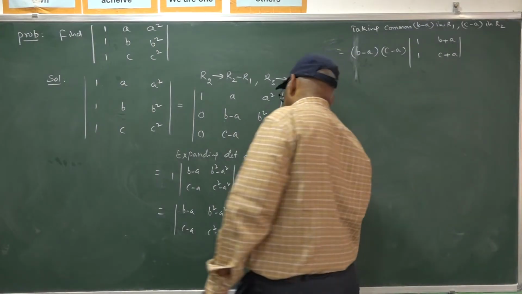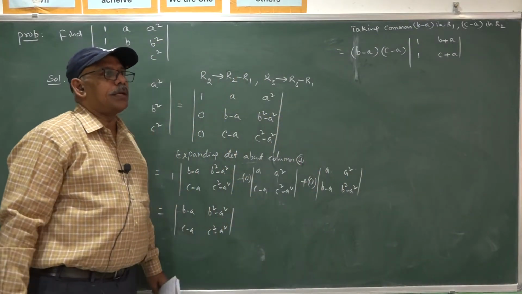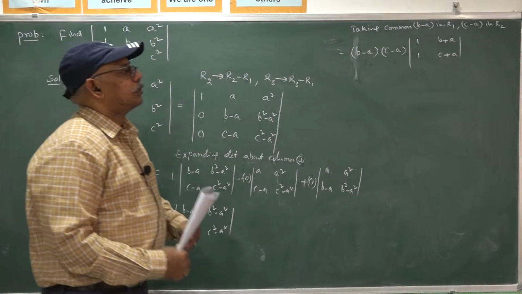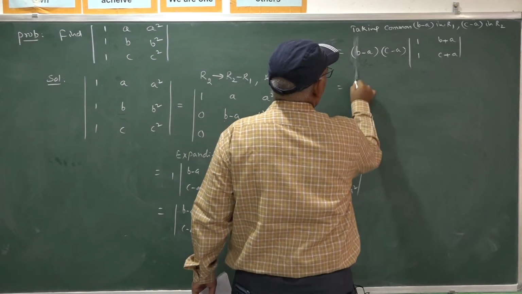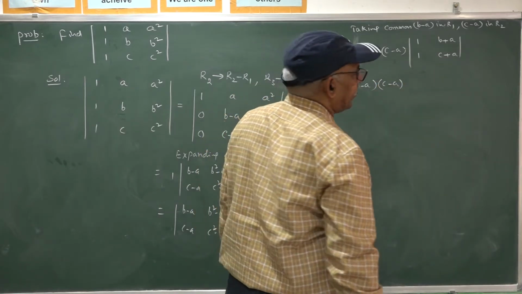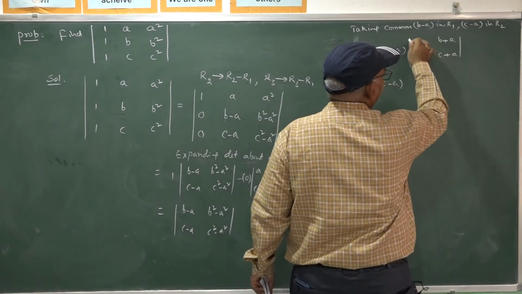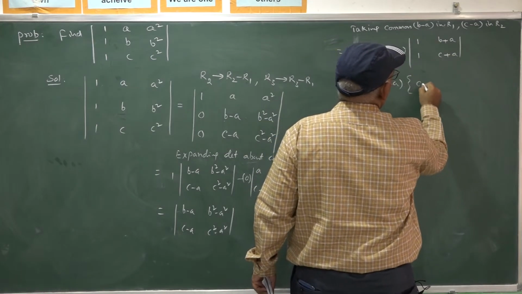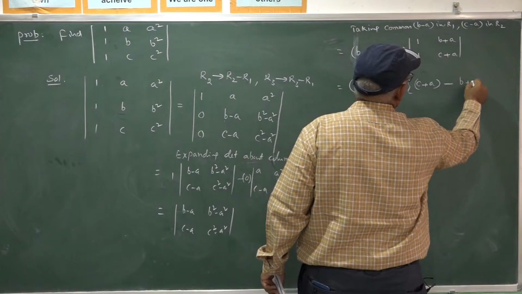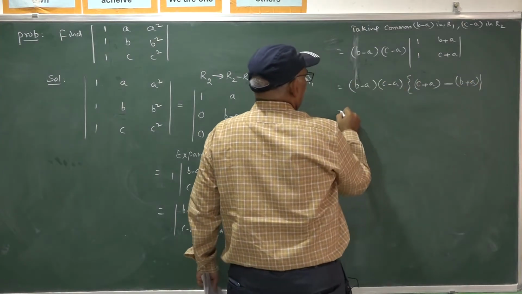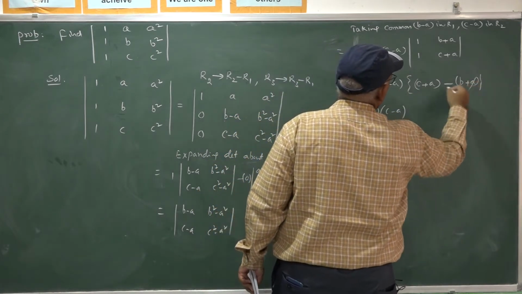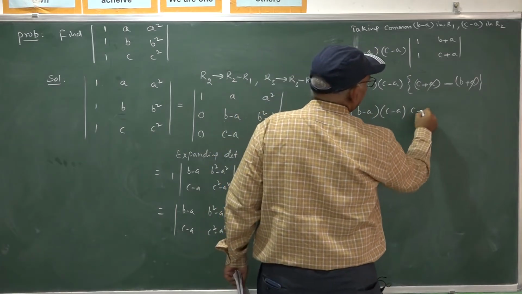Once you take the common factor from a row, you have to take that value from each and every element of that row, so that this value becomes B minus A into C minus A. Again, evaluating this 2 by 2 determinant by the definition AD minus BC, we get 1 into C plus A minus 1 into B plus A, which gives us B minus A into C minus A into, removing A, C minus B.